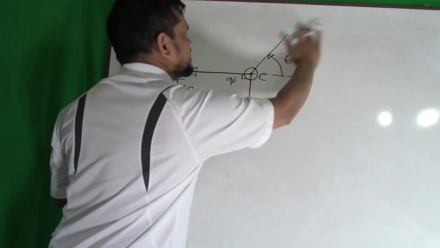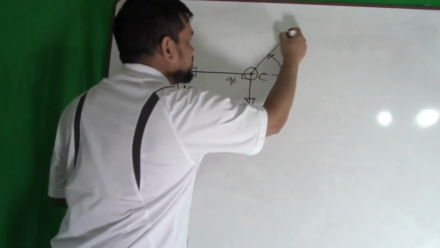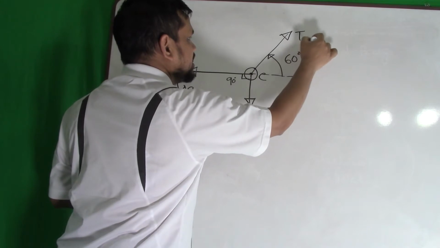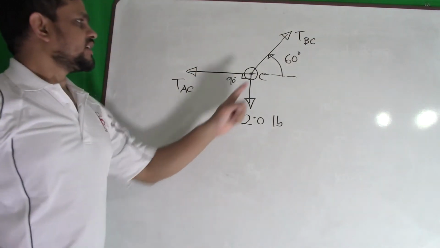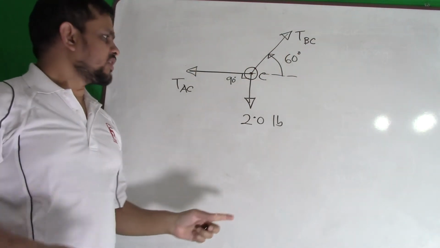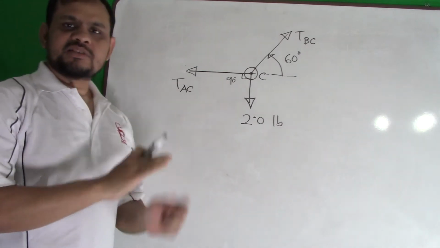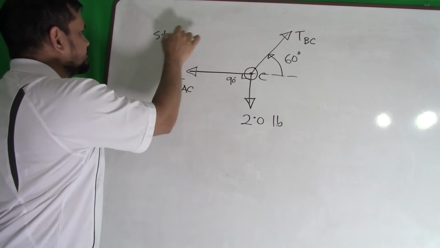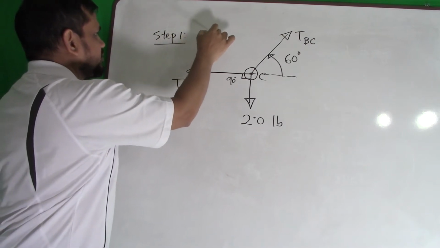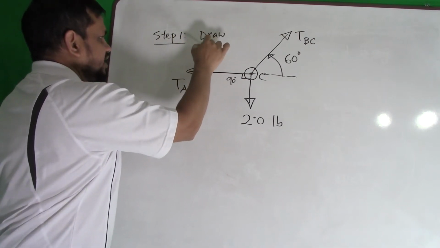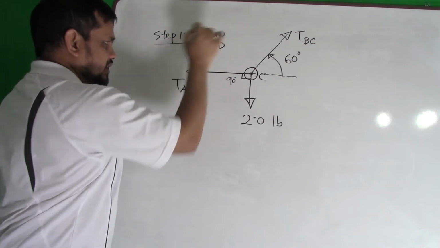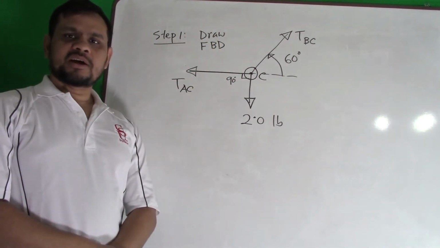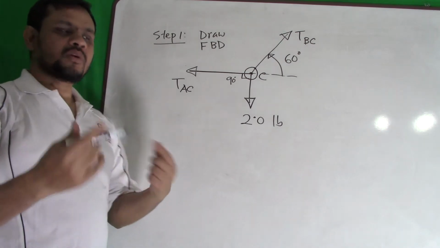Remove this support and show a force, tension TBC, tension in the BC cable or rope. So this is my free body diagram. That is step number 1, draw the free body diagram.